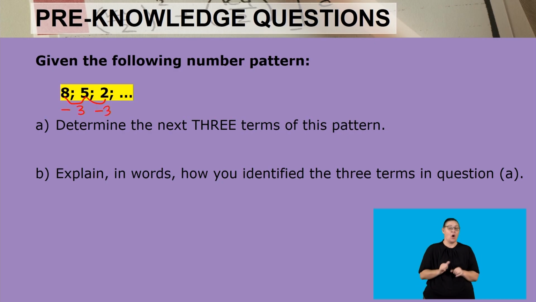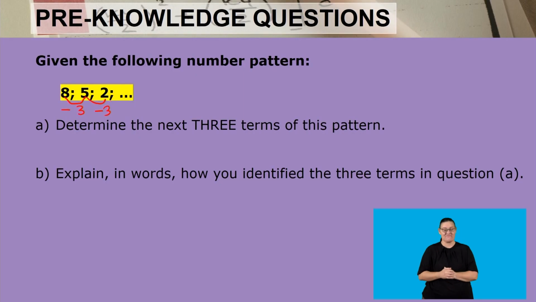So how are we going to find those next 3 terms? Yes, we are going to subtract 3 to get to the next one. So from 2, we subtract 3. And where does that place us? We are now in our negative numbers and we are at -1. Now from -1, again, we subtract 3. And what value do we get? Yes, we get -4.